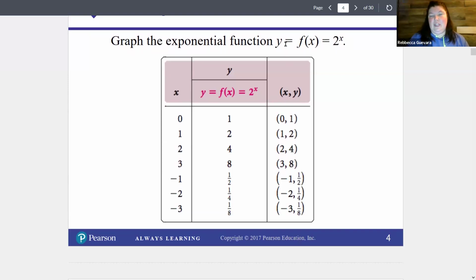We want to start with the exponential function f(x) is equal to 2 to the x. So this is your list of points here. I'm going to do this in Desmos to quickly show you how this is going to work, and do a little explanation as well.